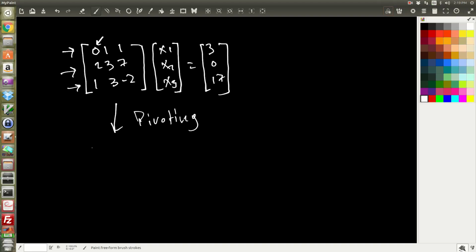When we pivot, what we do is we just swap rows. So I could swap this with the second row, and then the second row with the third row, and I get this. So 2, 3, 7, 1, 3, minus 2, 0, 1, 1.